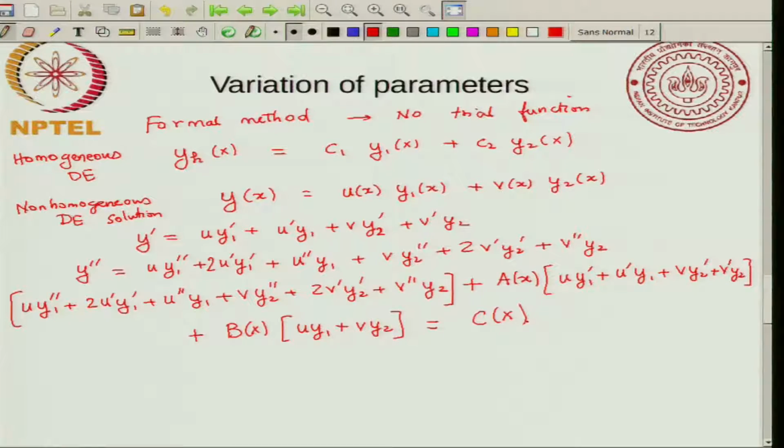So we just took this trial form of y and substituted it in the differential equation.